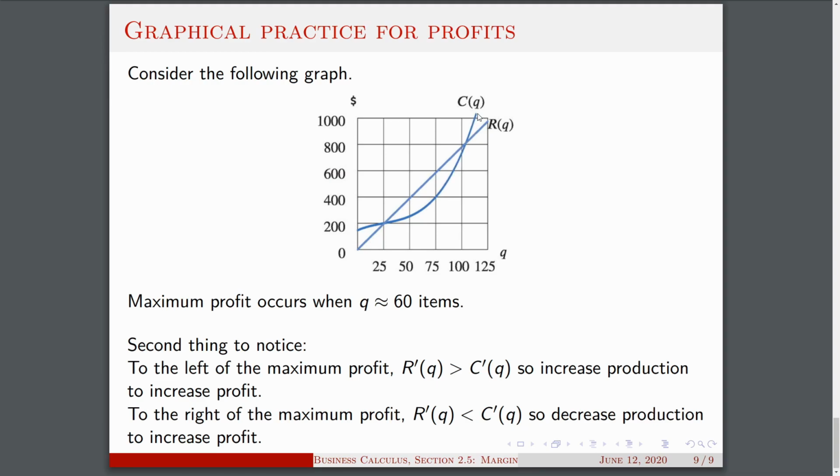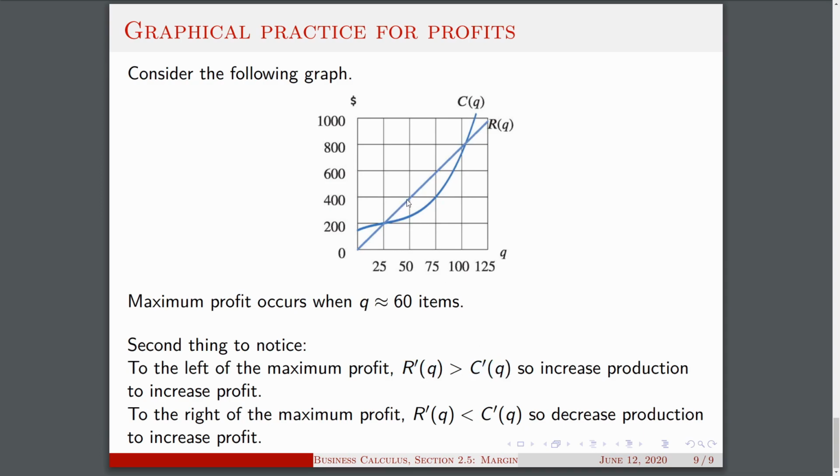All right, so let's think for a second. We've talked about where profit is greatest, but how about marginal profit? Can we visualize that? And that would be by examining the relationship between the steepness of revenue and the steepness of cost.